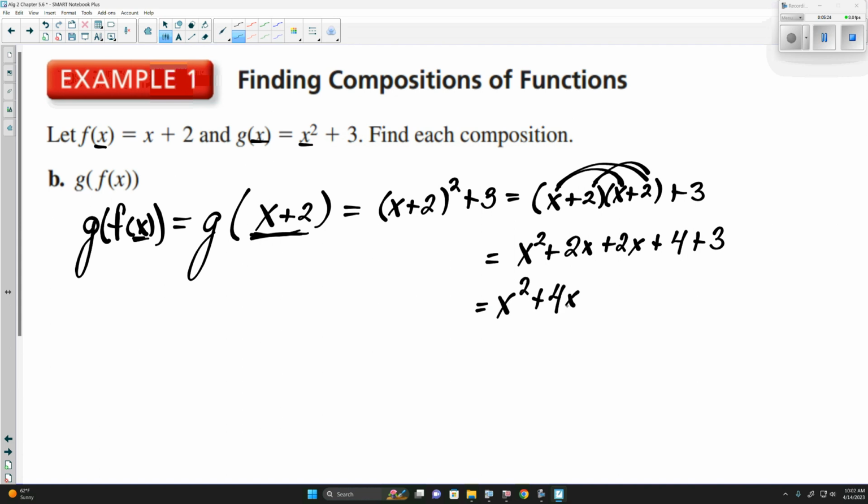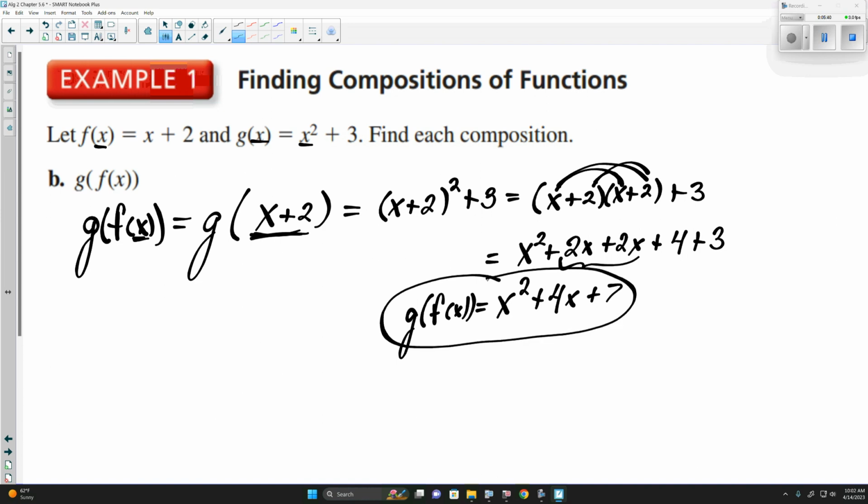Which tells us that we have x squared, and the 2x plus 2x gives us 4x. And 4 plus 3 is 7. Telling us that g of f of x is x squared plus 4x plus 7.